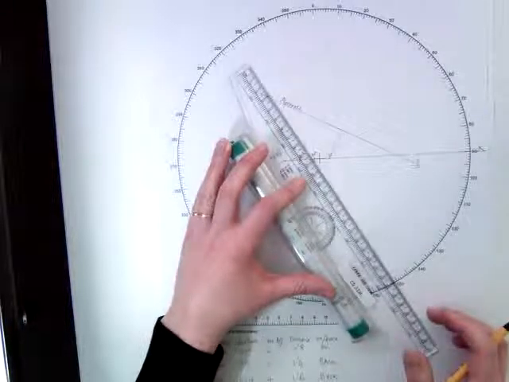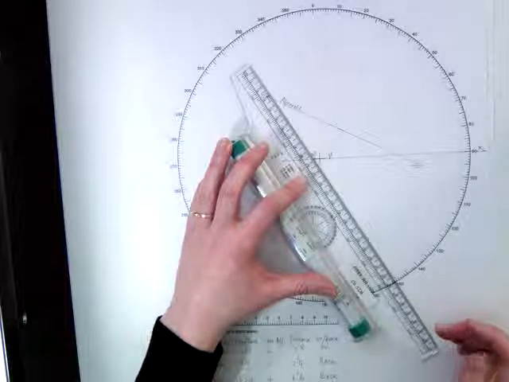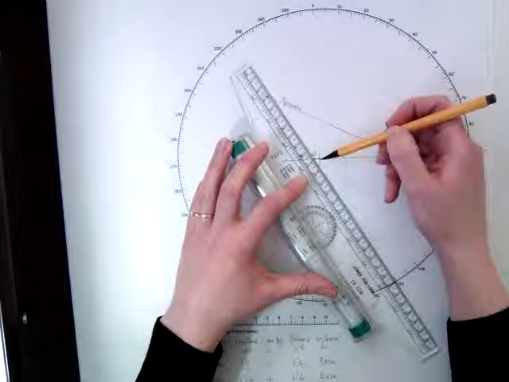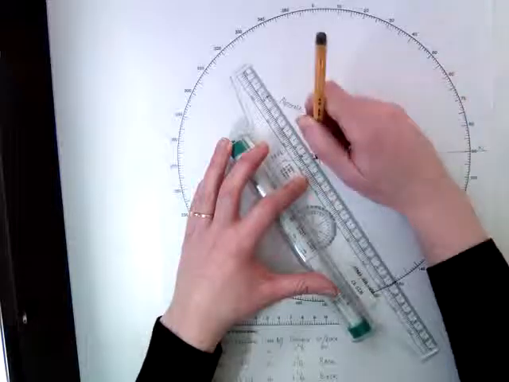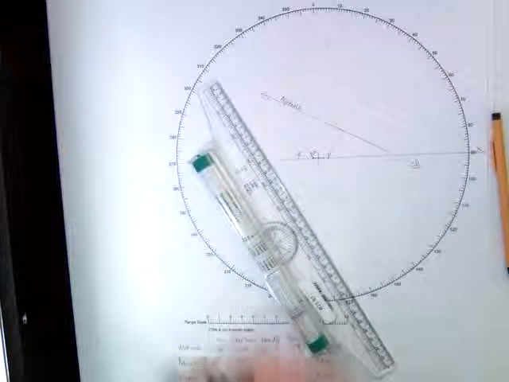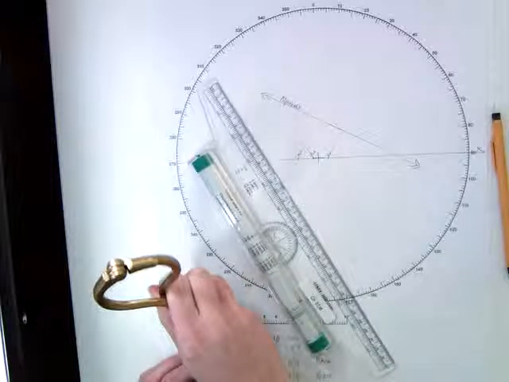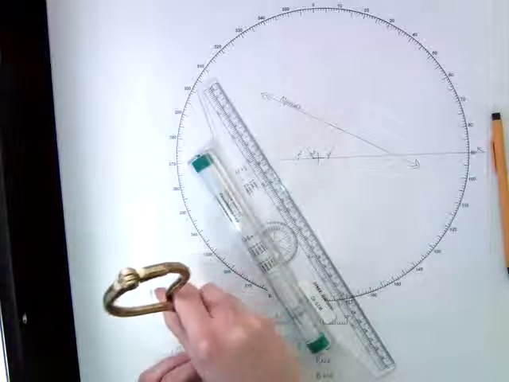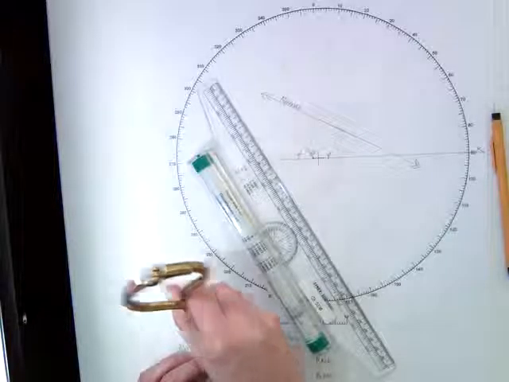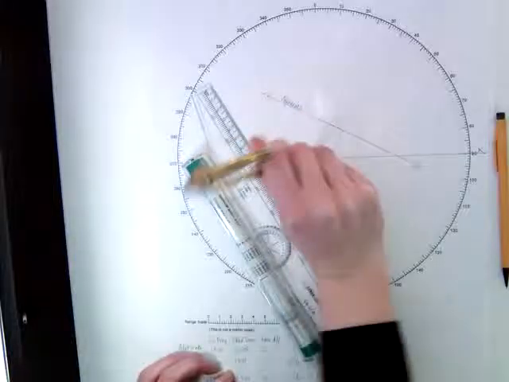We move it to the run back position for Achernar, but instead of plotting the intercept along the azimuth, we're going to take it off in the opposite direction, and it's going to be 0.4 miles long. So roughly there.